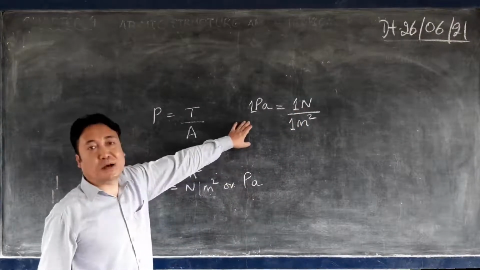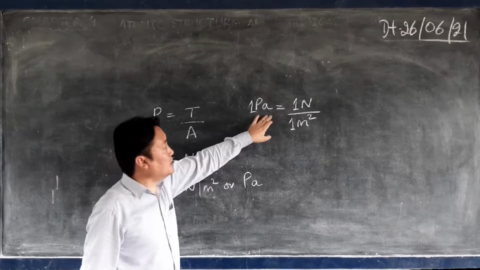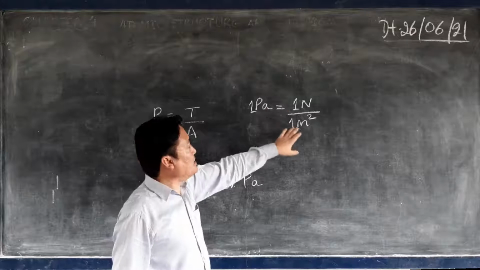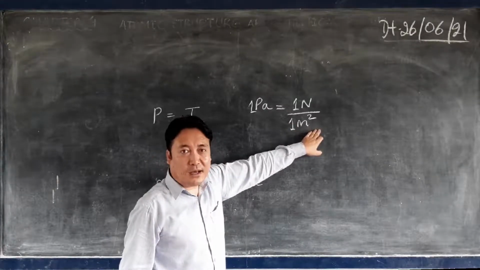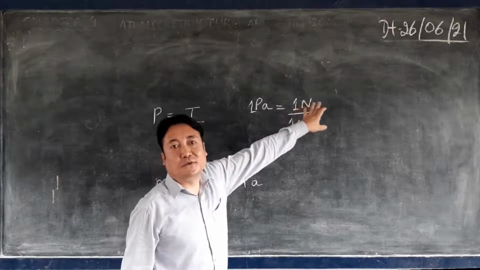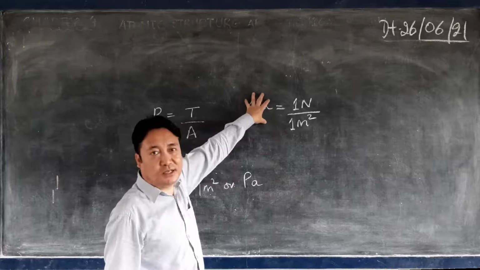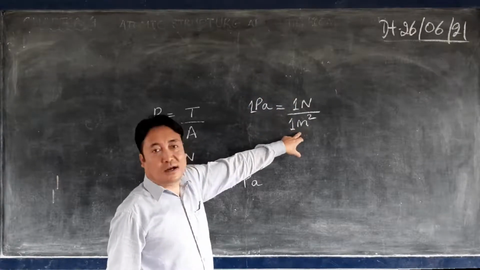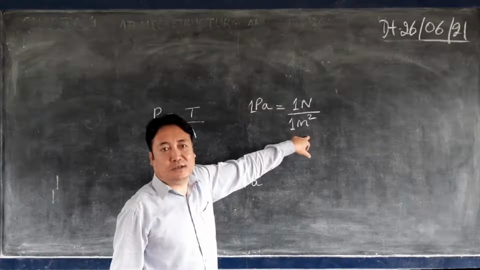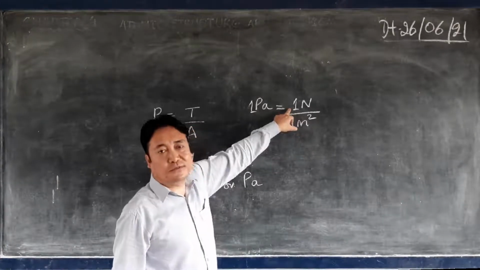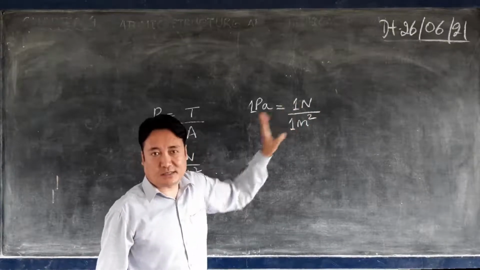So let us define Pascal. 1 Pascal is the pressure which acts on a surface area of 1 meter square when a force of 1 Newton is applied. That means that if you apply a force of 1 Newton on a surface area of 1 meter square, that is known as 1 Pascal.